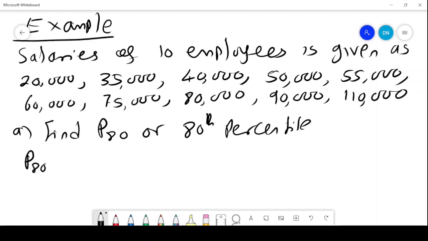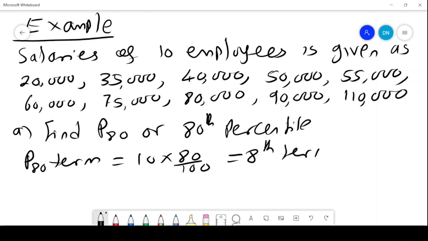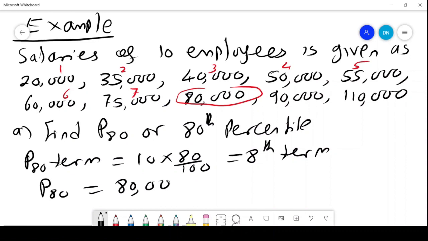So we get a P80 term, which is 10 times 80 over 100, which is the 8th term of your data. And it's very easy for this type of data. You just count 1, 2, 3, 4, 5, 6, 7, and 8. So we can say the P80 is equal to 80,000.